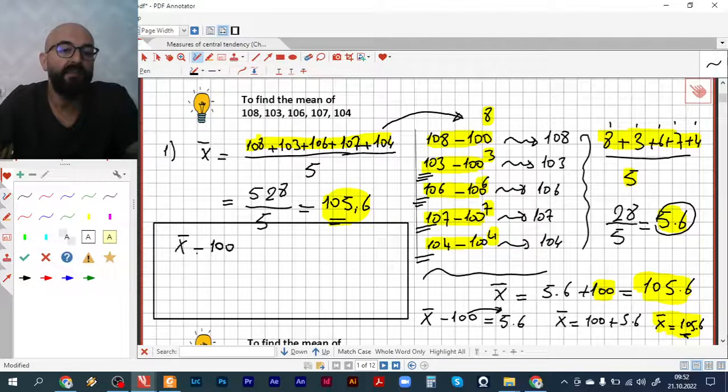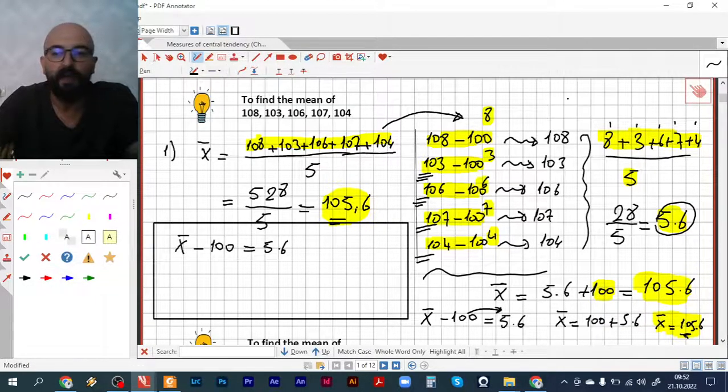So 100 less than the mean, we have 5.6, and we can find the real mean easily.